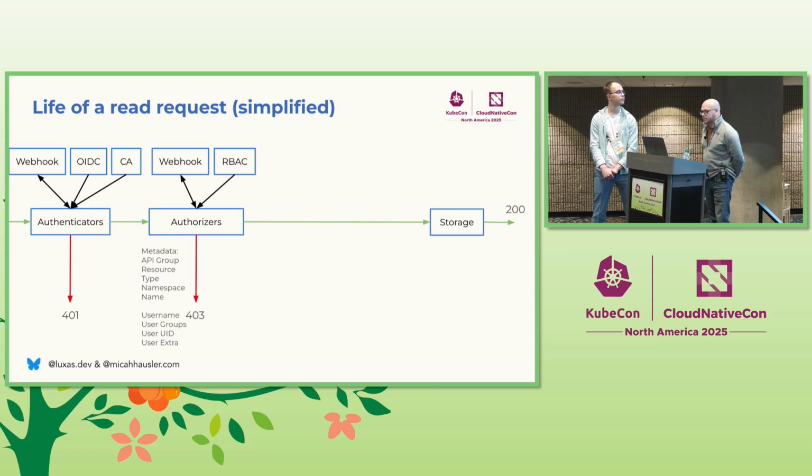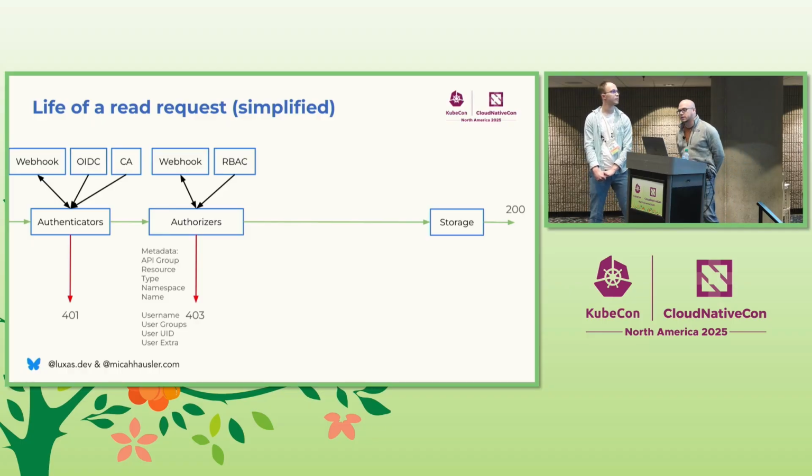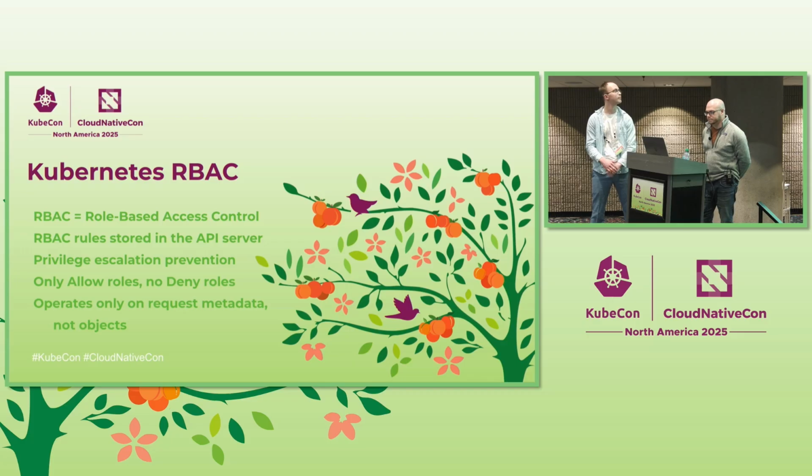You don't see it in RBAC because it's not in the RBAC API, but authorizers do get that information, as well as some field selectors. Field selectors are a few specific fields. You can look at the Kubernetes documentation for which fields are enabled in field selection, where you can specify, I want resources like secrets where type is basic auth or type is TLS. We'll get to a demo of that.